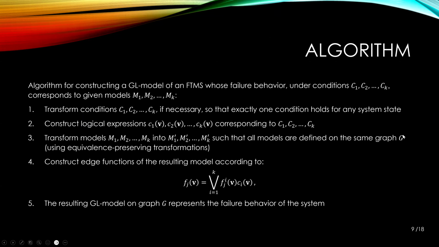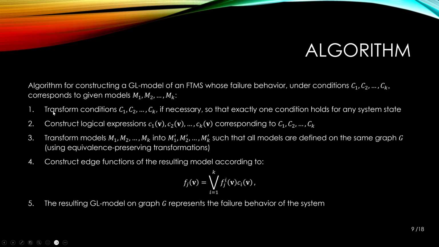And an algorithm was proposed that is based on the proposed method, and it allows us to construct a GL model of a fault-tolerant multiprocessor system whose failure behavior under a set of conditions that are denoted as C1, C2, and up to CK, which correspond to given GL models denoted as M1, M2, up to MK.